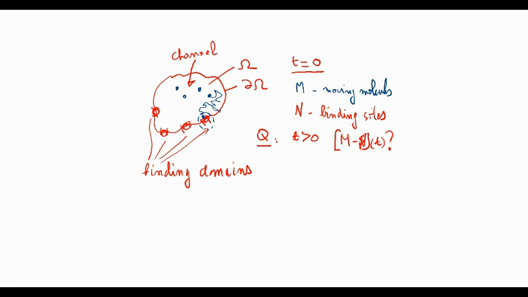You can now imagine another situation where instead of having a closed domain, you have a domain through which again you have a channel or any kind of mechanism by which molecules go in, and you have binding sites here. So those are the binding sites.